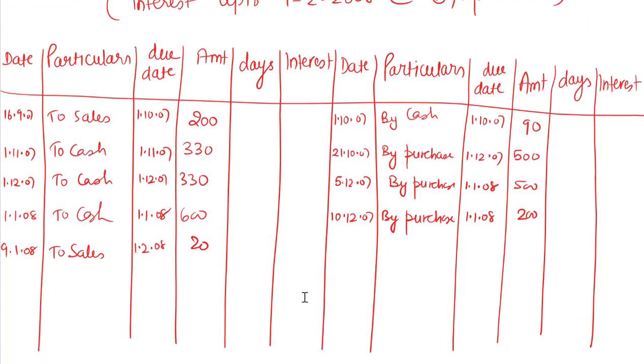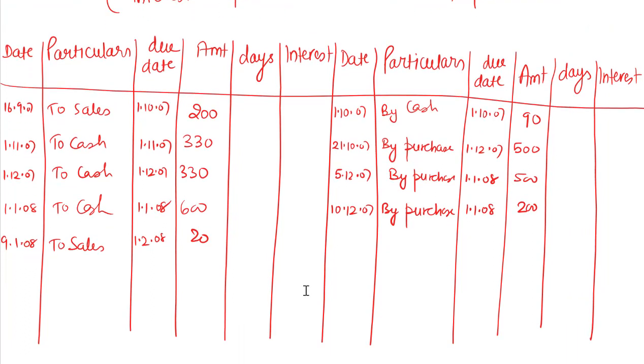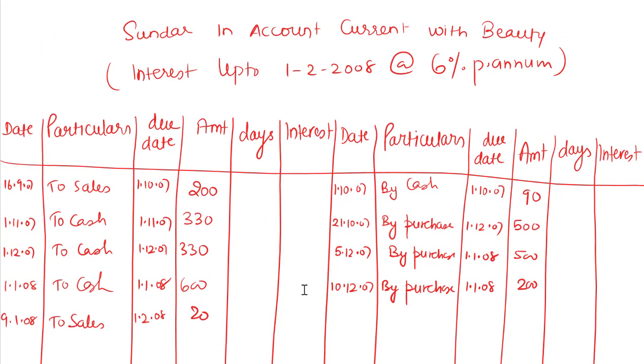Calculate the days. So 16/9/2007 to 1st of February 2008. 123 days, 92 days over here, 62 days, 31 days, 0 days. Over here, 123 days, 62 days, 31 days, and 31 days.